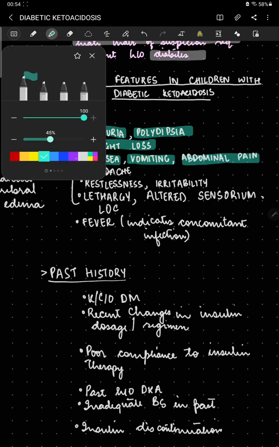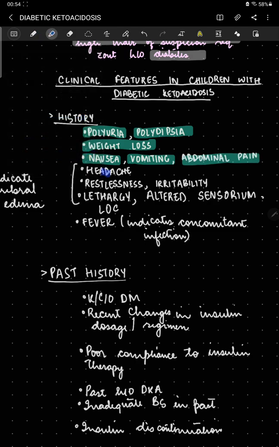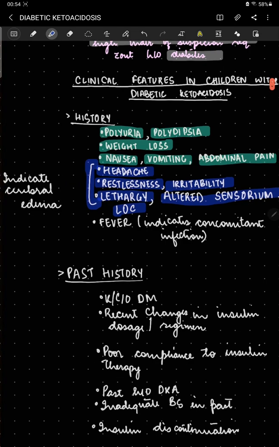Also, if the child is having headache, restlessness, irritability, lethargy, altered sensorium, or loss of consciousness, these are the very dangerous signs because they indicate that the child has developed a very serious complication of diabetic ketoacidosis, that is cerebral edema.